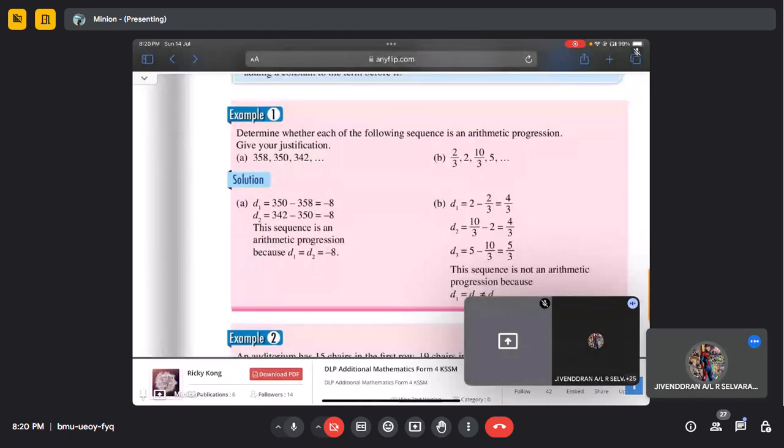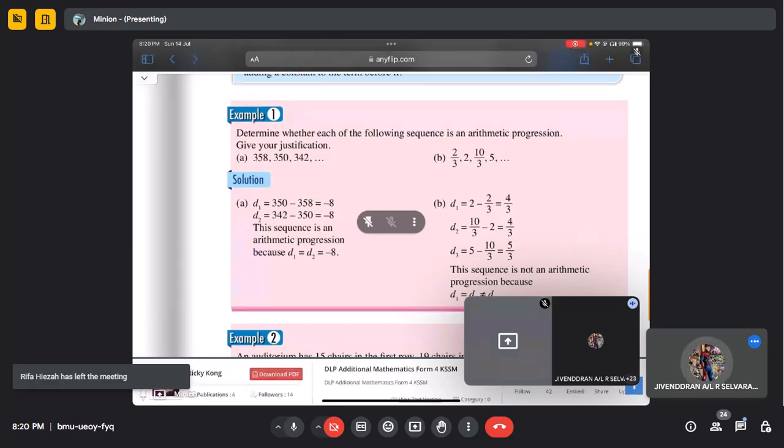So you take term 2, which is 350, minus the first term, which is 358, and you get negative 8. Then you take the third term, 342, minus the second term, 350, and you also get negative 8. If both differences are the same, that means the sequence is an arithmetic progression.